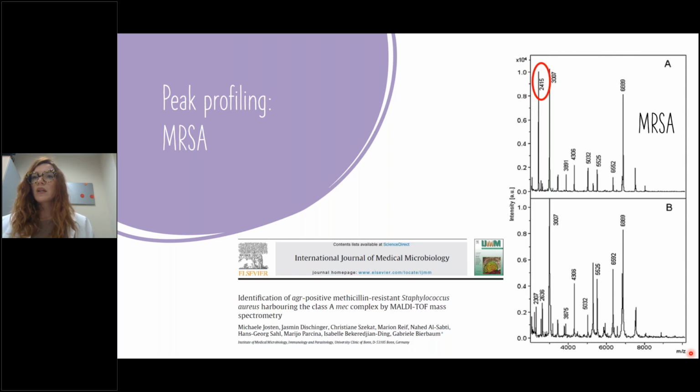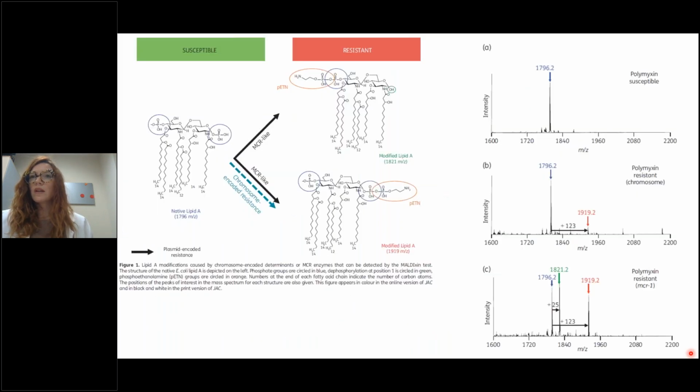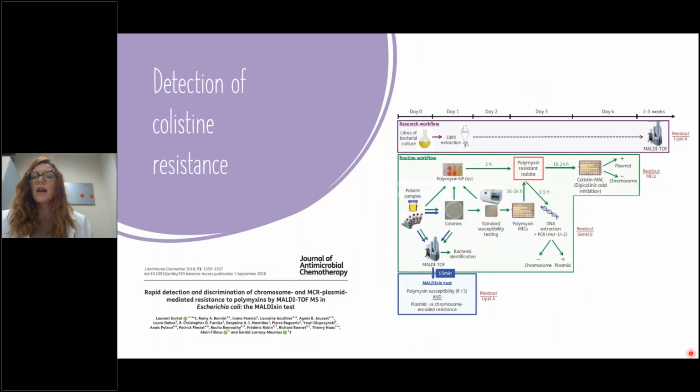So here the mass peak at 2,415 was indicative of the presence of agr-positive methicillin-resistant Staphylococcus aureus. So you can identify it by using this mass peak.